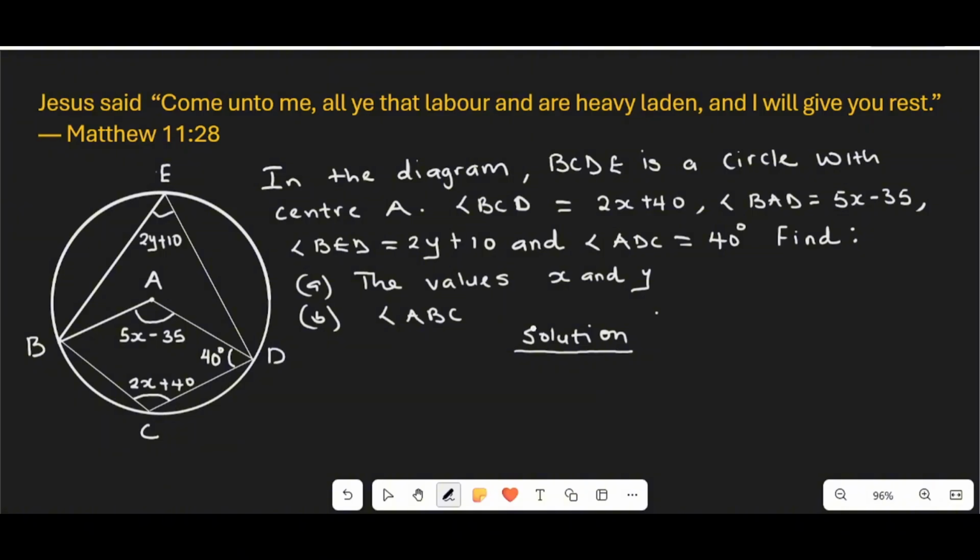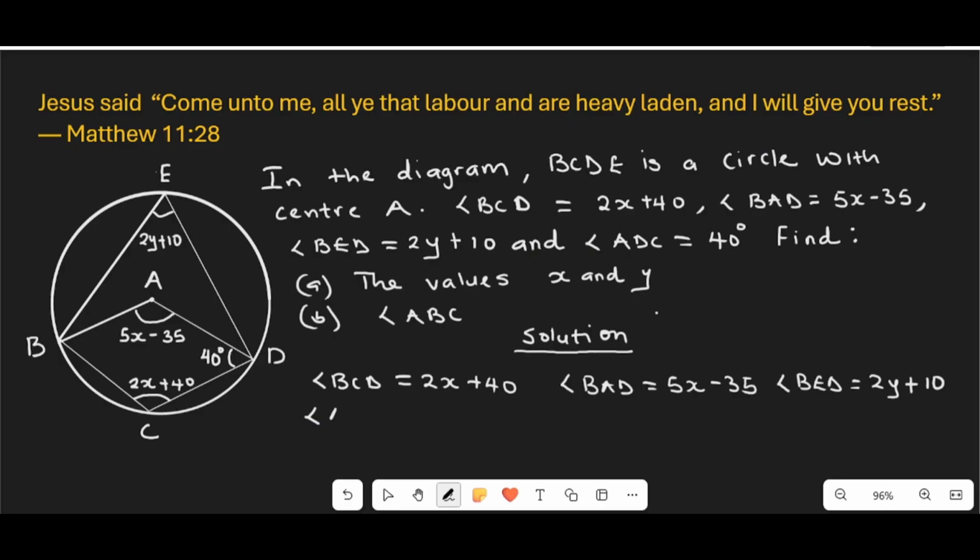Solution. In the question we were given that angle BCD equals 2x plus 40, angle BAD equals 5x minus 35, angle BED equals 2y plus 10, angle ADC equals 40 degrees.